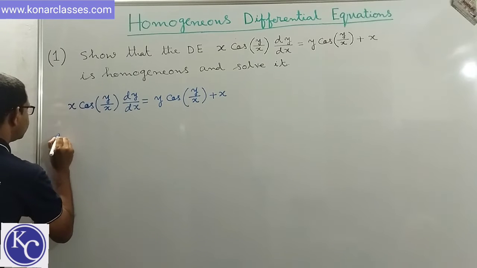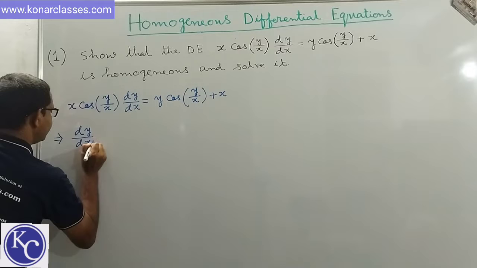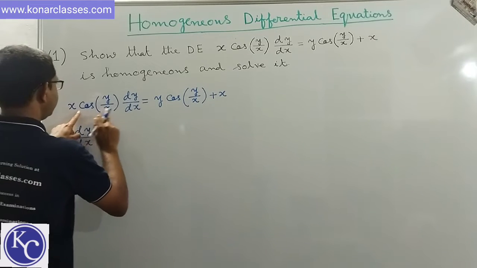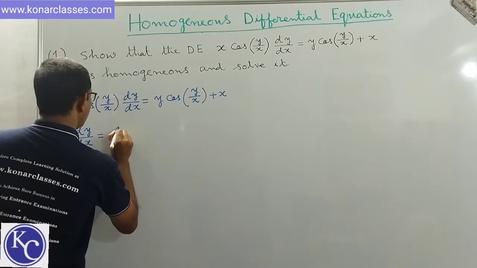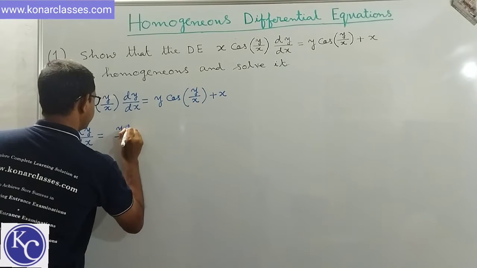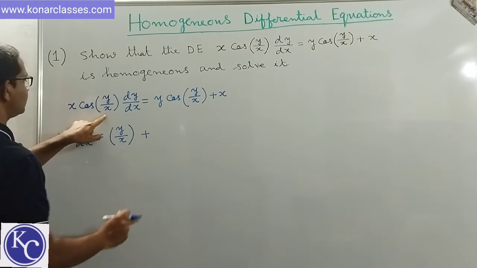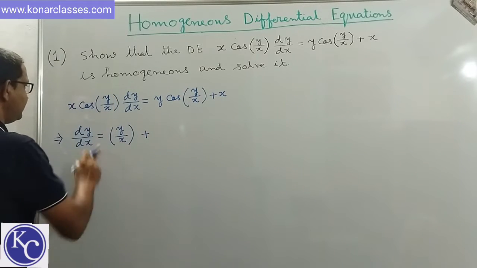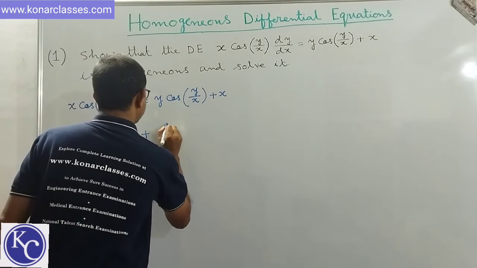Then what we are going to get? On the left hand side we get dy/dx, and on the right hand side we get y/x, plus x by x cos(y/x). x will get cancelled and we are left with 1 by cos(y/x), correct?